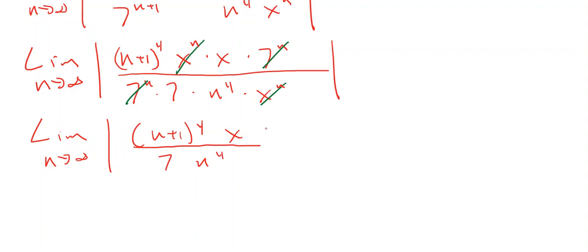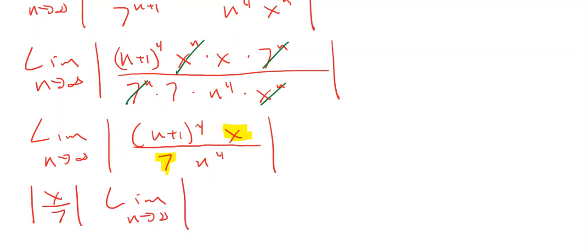Now, anything that is not an n, we want to pull out. So this x and this 7 we can pull out because it's not going to have any effect on the limit. We're taking the limit of the variable n as n approaches infinity. So let's just pull the absolute value of x over 7 out, times the limit as n approaches infinity of what's left over.